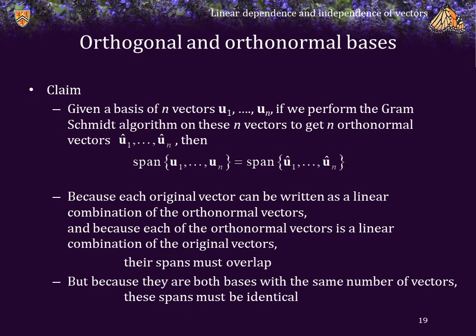However, because they are both bases with the same number of vectors, consequently their spans must coincide or be identical. Thus, given one basis, we can always form an orthonormal basis for that same vector space or subspace.